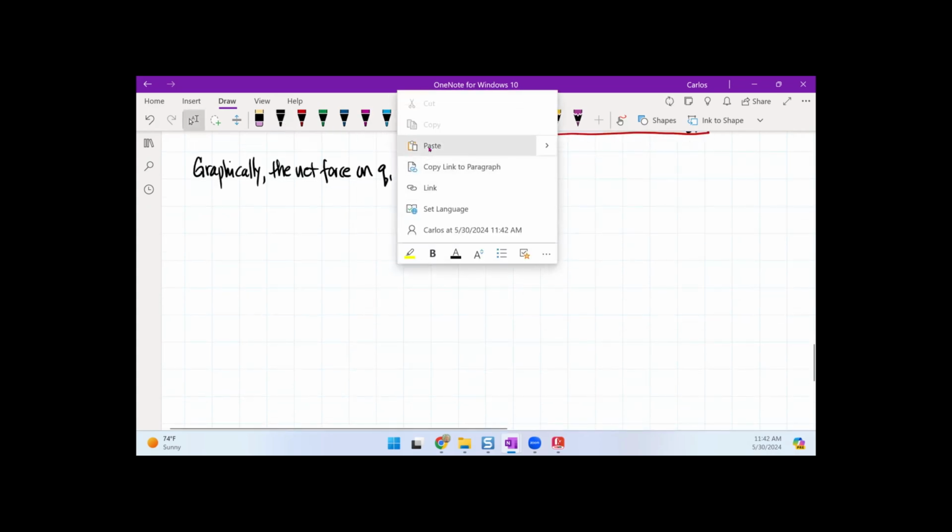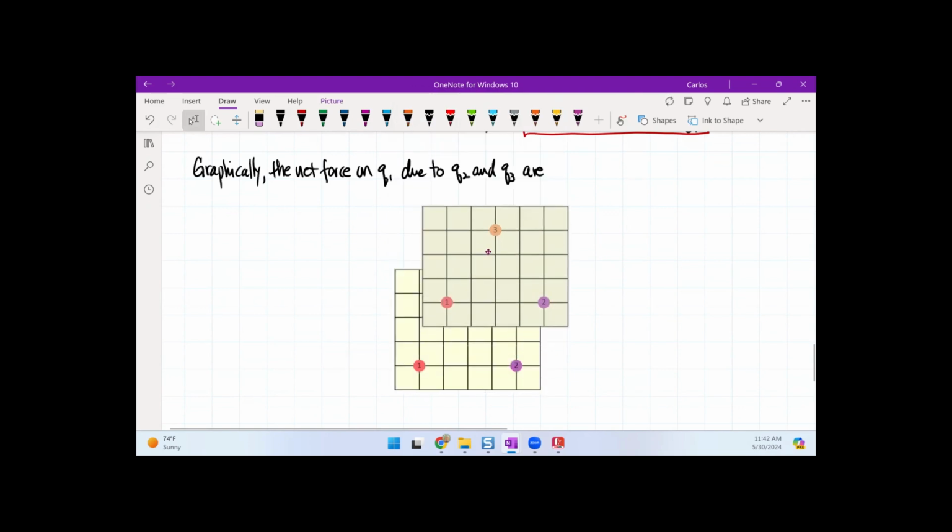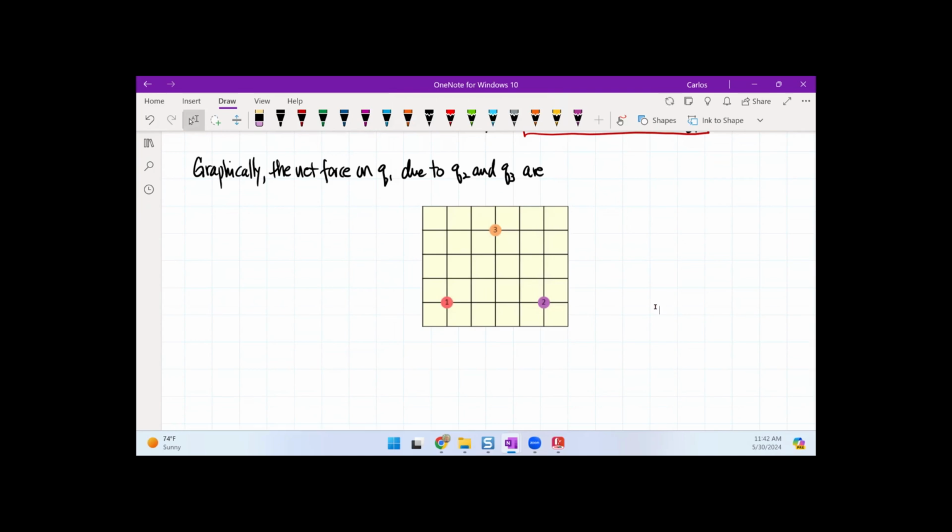So I have this guy right here. And so what do I see? Well, I know that F21 has a combination of positive 1.20 newtons in the i direction. So let's look at that. I'm going to treat this as 1 newton per square here. So then this guy's going to come out to about right here. So this is F21.